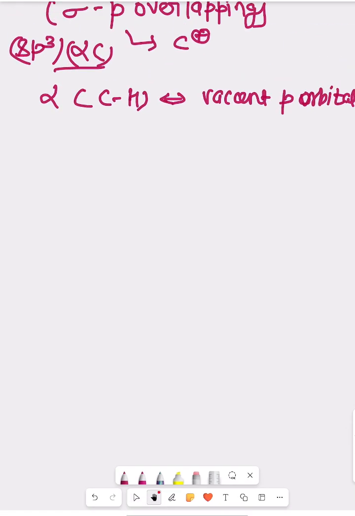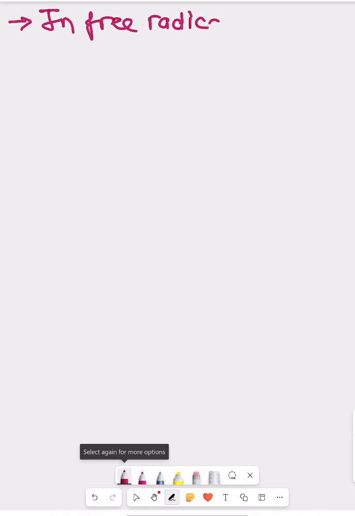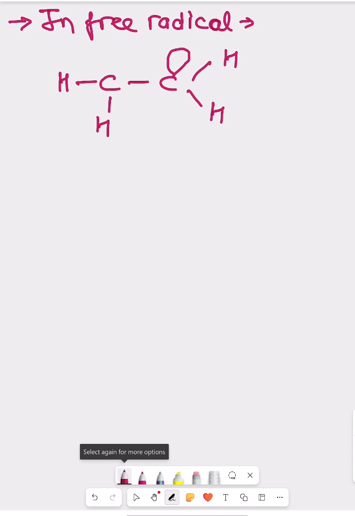Now free radical. Let's see the orbital overlapping approach in a free radical. This is a free radical.